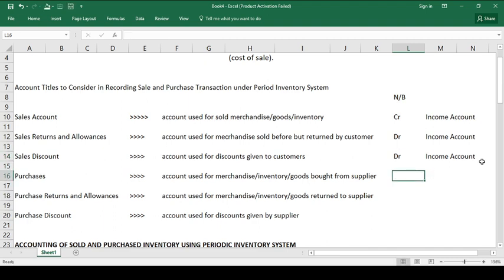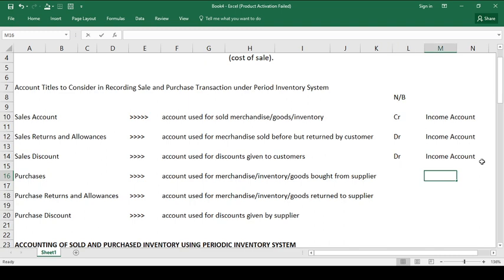We have naman purchases. Purchases is an account title used for merchandise, inventory, or goods bought from a supplier. Ibig sabihin, once we acquire inventory, goods, or merchandise from a particular supplier, we will use the purchases account under the periodic inventory system.